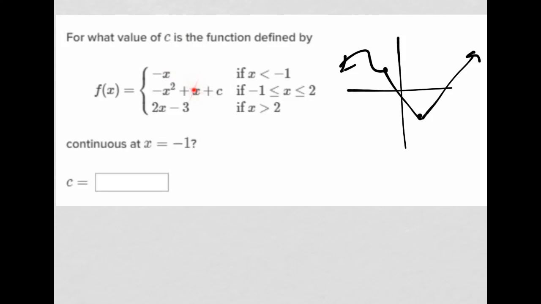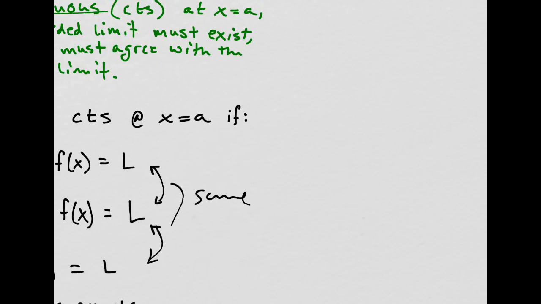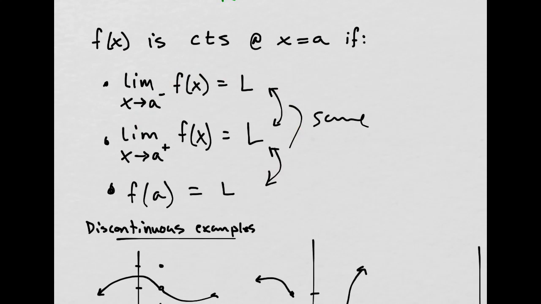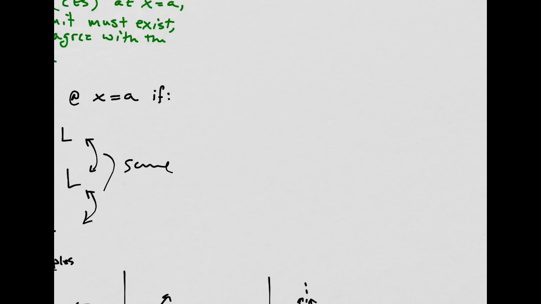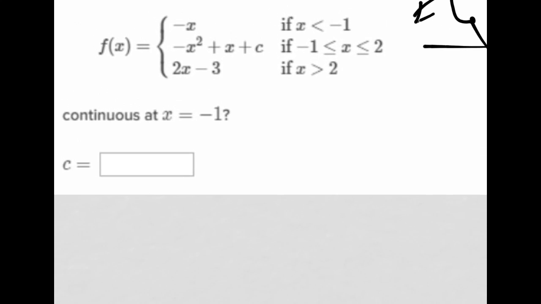So we're going to look at the x value for which this f function switches from using this to using this. And we're going to take the limit from both sides. And we're going to assume that all three of these conditions are true, and then we're going to find out what c is.